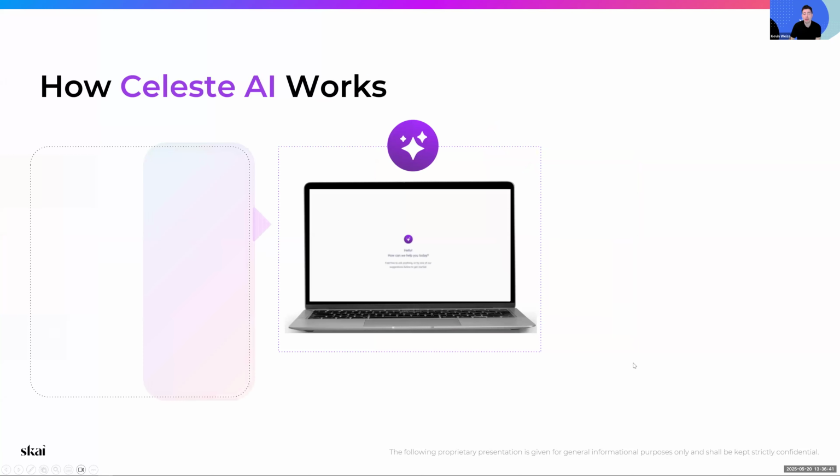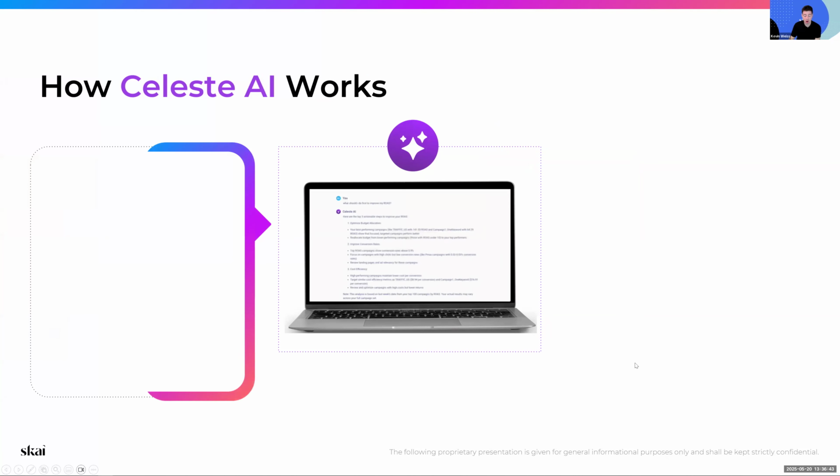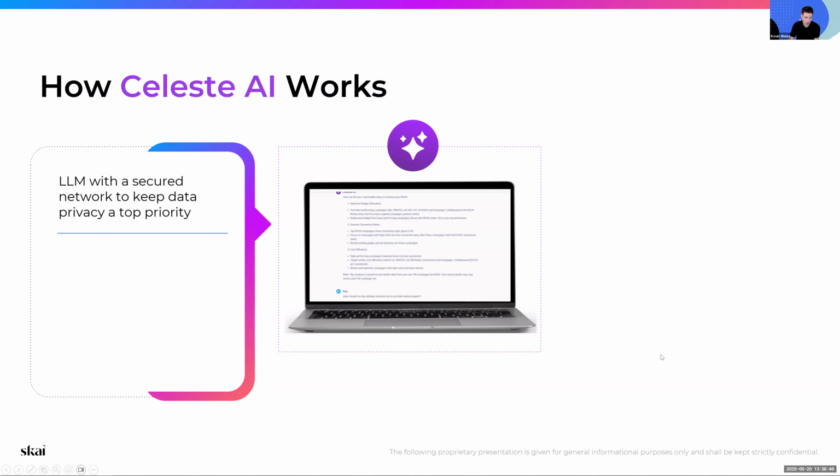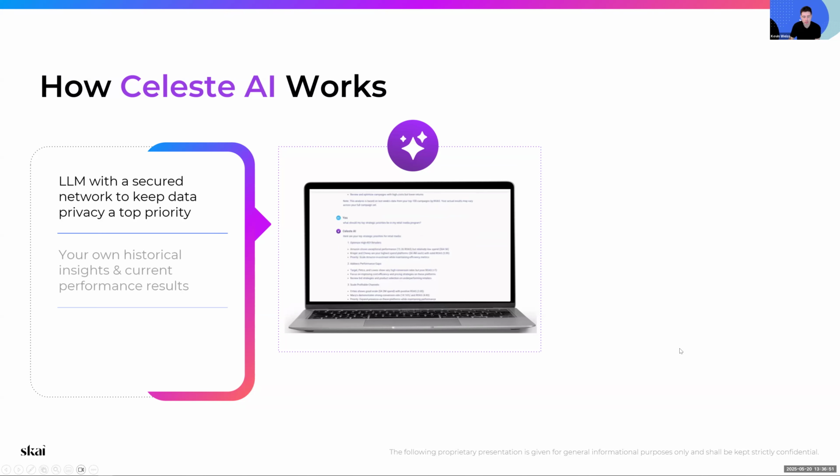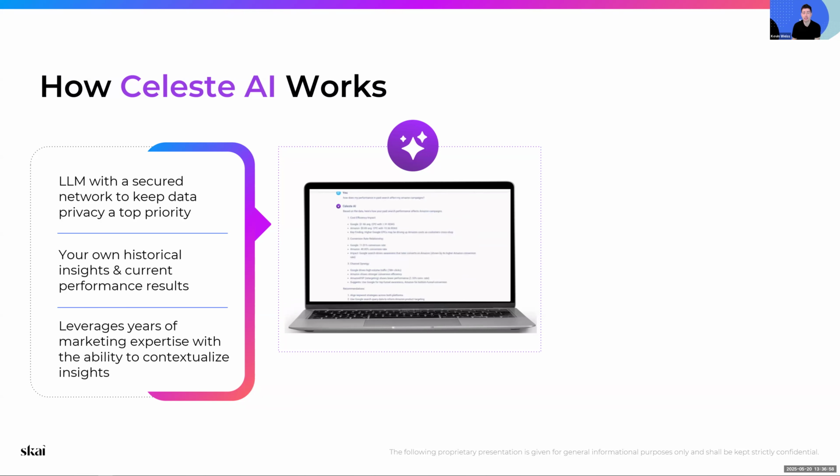Here's how it works. We start with a privacy-first approach. It's in a secured network, and it only has access to what you as a user on our platform have access to. It takes advantage of all the historical data and the performance that you're seeing. It harnesses the years of experience and expertise that we have to contextualize insights.